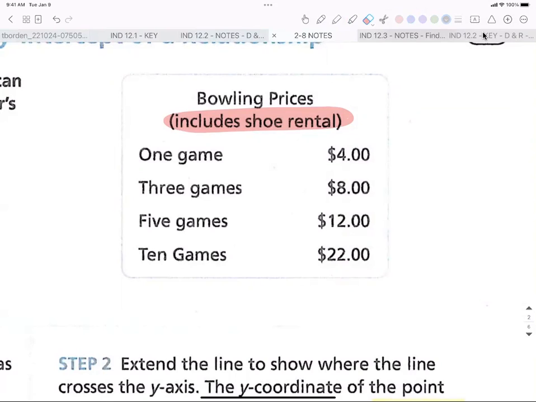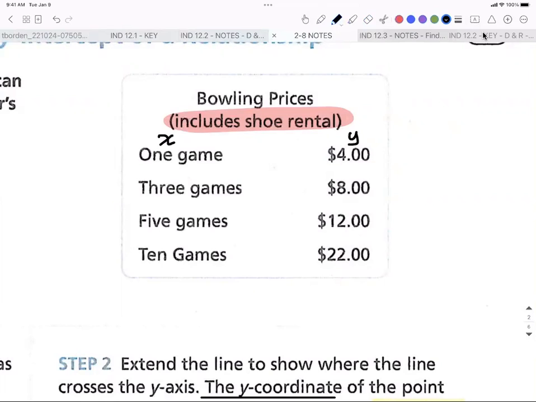You have to have a way of figuring out which one is X and which one is Y. The best way I can tell you is look for the one that can be reduced to a unit of 1. And the games already are. You've got in your table 1 game, 3 games, 5 games, 10 games, right? That's the unit that you can reduce to a 1. So that is what would be considered our X here.